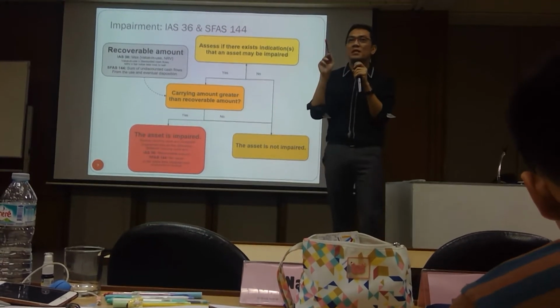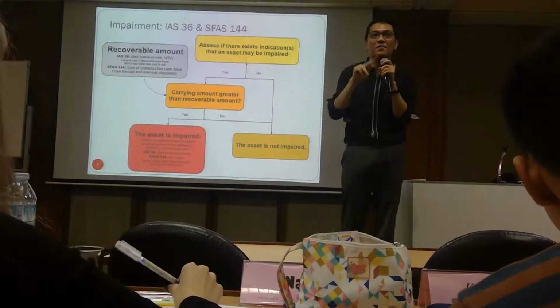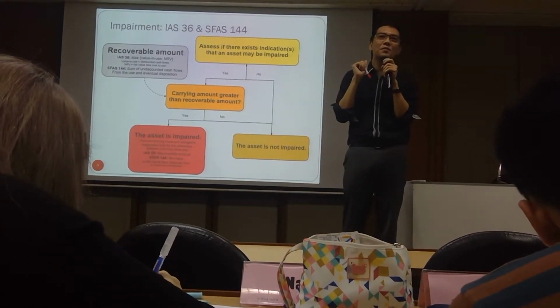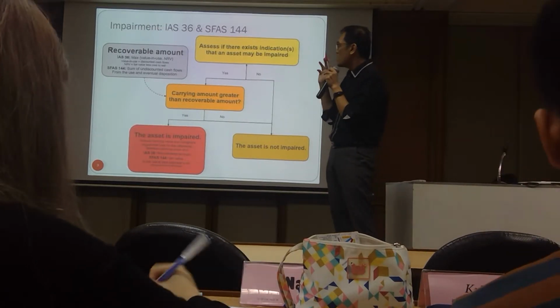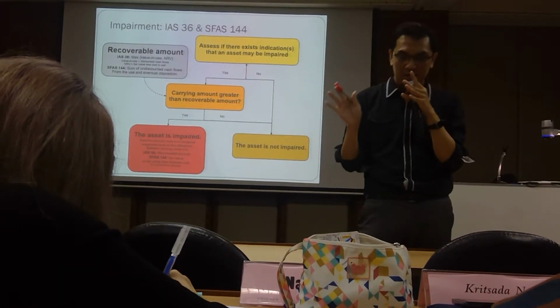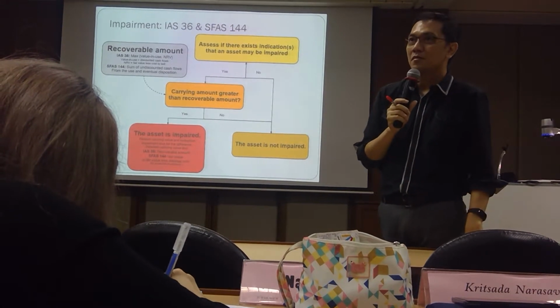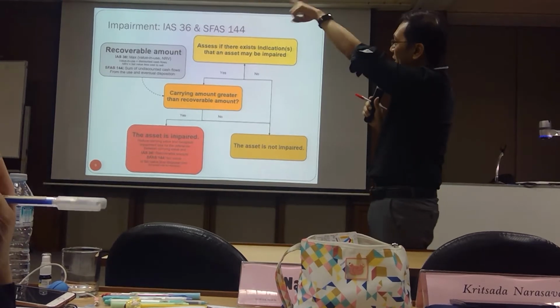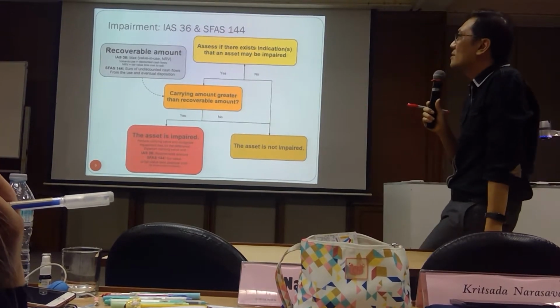Carrying amount represents the book value of that particular receivable. Now think about whether carrying amount is greater or lower than the recoverable amount. What is recoverable amount all about? Look at the gray box.